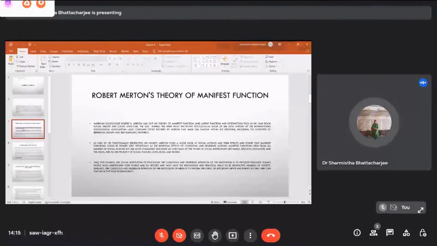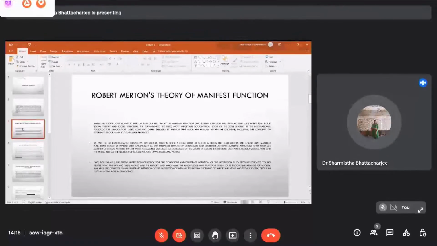Take an example, the social institution of education. The conscious and deliberate intention of the institution is to educate young people who understand the world and its history, and who have knowledge and practical skills to be productive members of society.